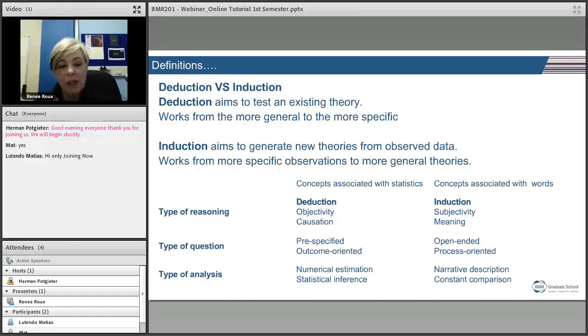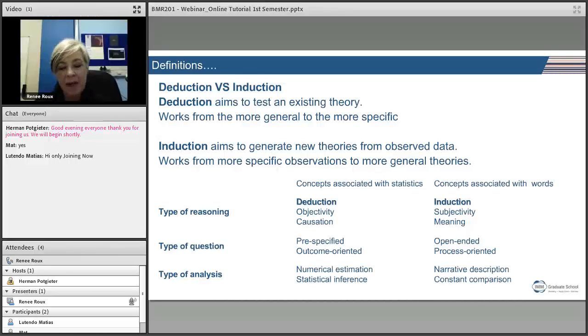So at the bottom, I described a little bit more: deduction is where you look for reasons, where induction is where you look at what it meant. Deduction is very outcome orientated, so it's very specific. You ask very specific questions, where induction is very open-ended. So it's more a discussion that you talk about.